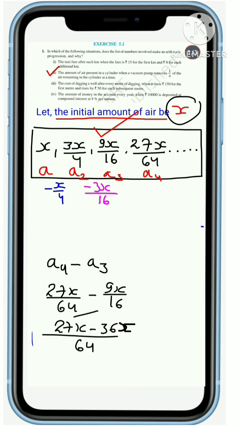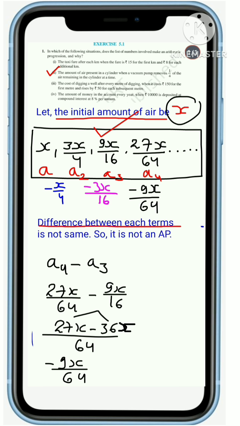Now after subtracting we obtain minus 9x by 64. In this way we have obtained difference between A4 and A3, that is minus 9x by 64. In this way we came to know the difference between each term is not same, so we can write difference between each terms is not same, so it is not an AP.